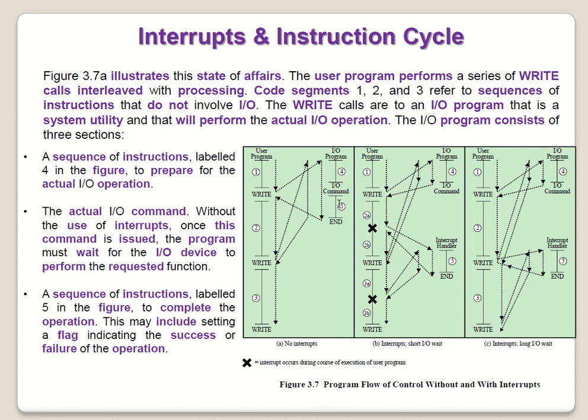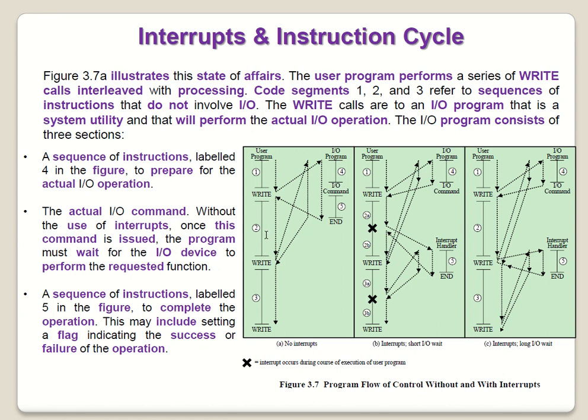Then code segment 5. Code segment 5 is the actual operation. After completing the actual operation, there will be a flag set to success or failure. After finishing segment 4 and 5, it comes back to the user program, continuing the user program, which is segment 2.